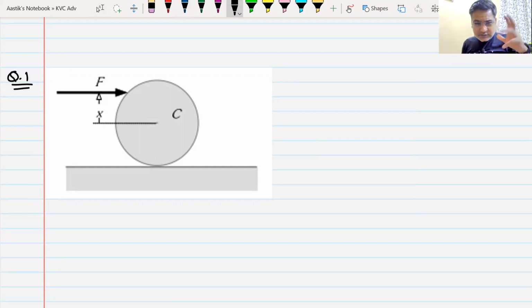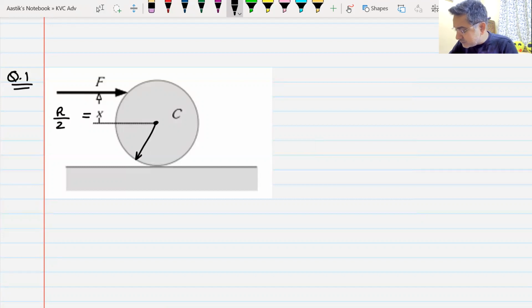Remember, friction has to be sufficient to allow rolling, and we apply force at a distance x from the center of mass. The center of mass of this body is here, and let us say the value of x is r by 2, where r is the radius of this body. Now you have to find out the direction of friction. It is a rough surface, as I have told you.